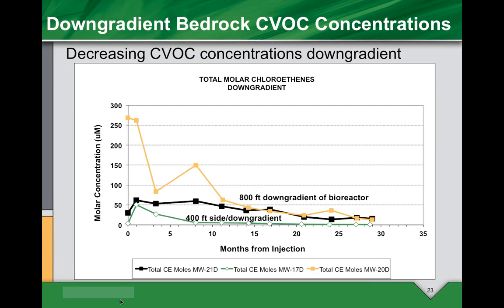And if we focus on the data shown in yellow, that curve represents the total molar concentration of TCE, DCE, and vinyl chloride over time for a well that was located 800 feet down gradient of the bedrock injection area, and we can see a nice decreasing trend there. So while we don't see a net decrease in total chlorinated solvent concentrations within the source area, we are seeing net decreases down gradient. Next slide.